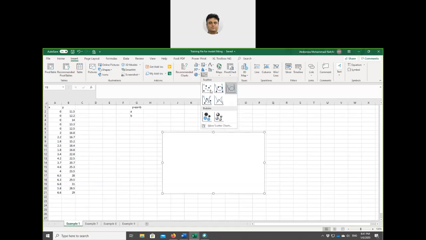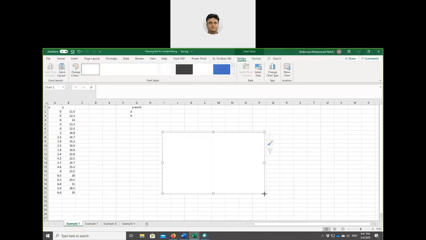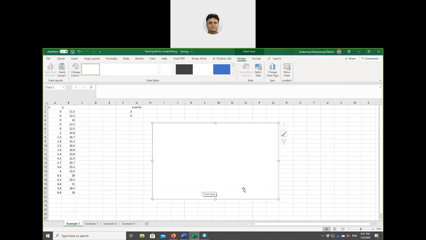No need for lines for now. Okay, I put the scatter, and we have one empty sheet here. On this empty sheet, we want to put the data as x on the horizontal axis because this is the independent variable, and this is the dependent one. We measure the weight at different amounts of protein that we fed.